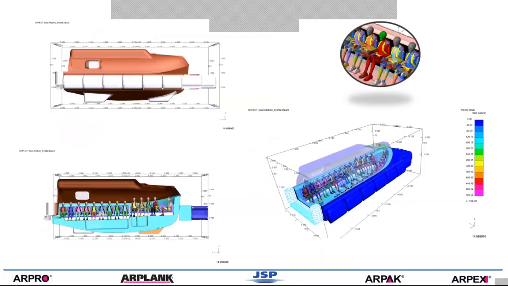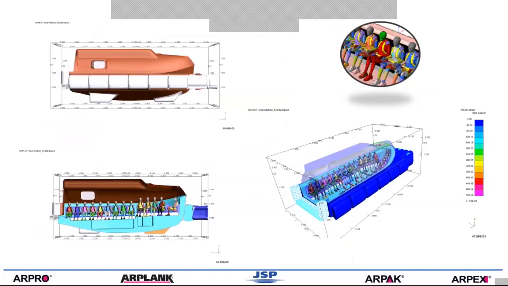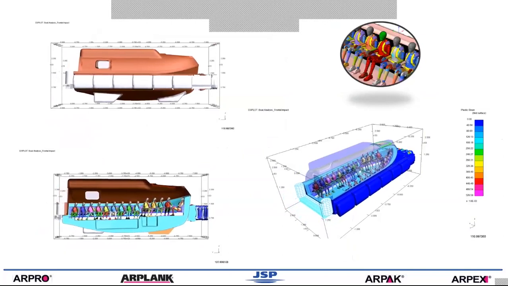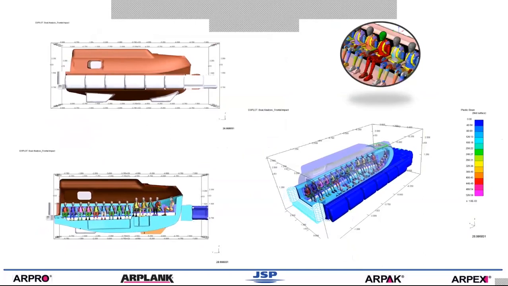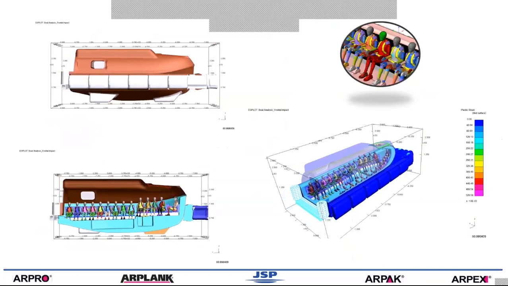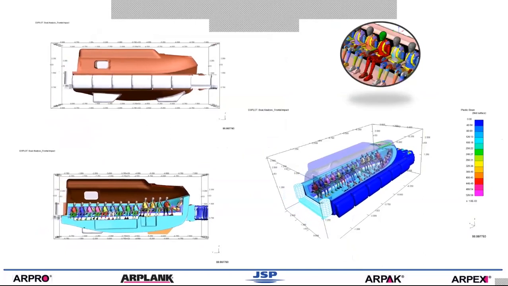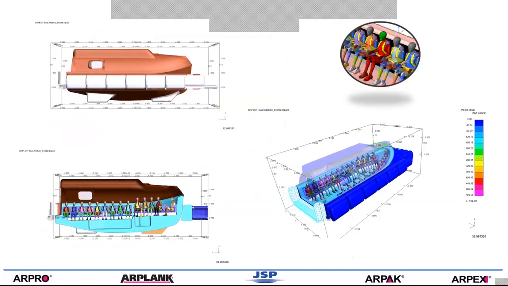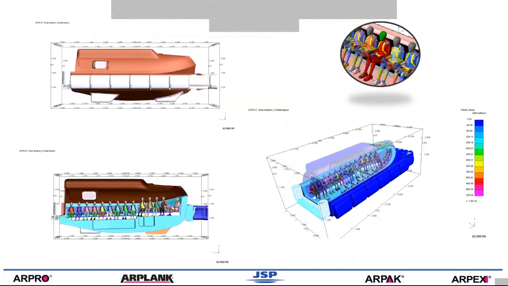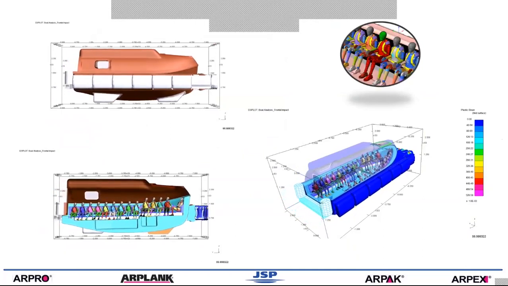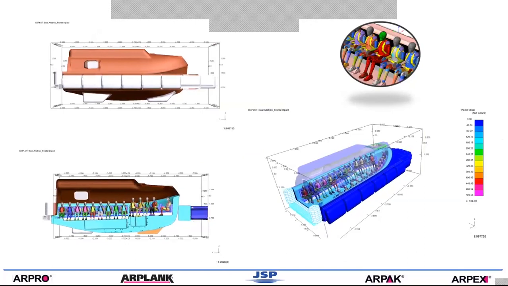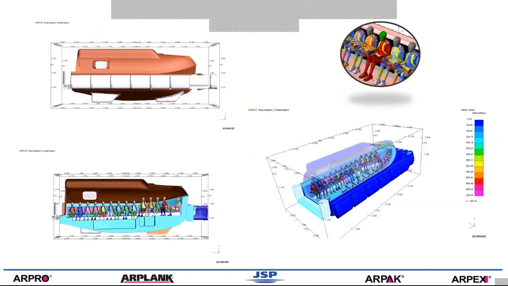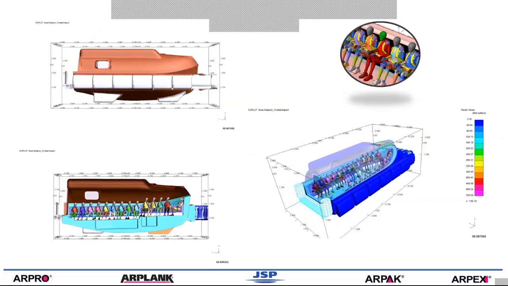Next application is the analysis of a tsunami boat, and we used about 25 dummies in this analysis. The boat is about 28 feet long. There are about 4 million elements in modeling this. The model was done with adhesives, and there are a lot of fasteners throughout the boat.